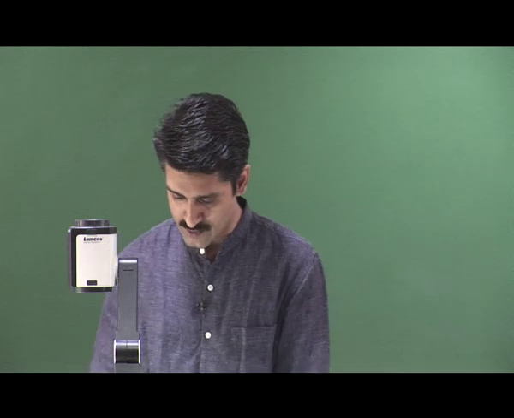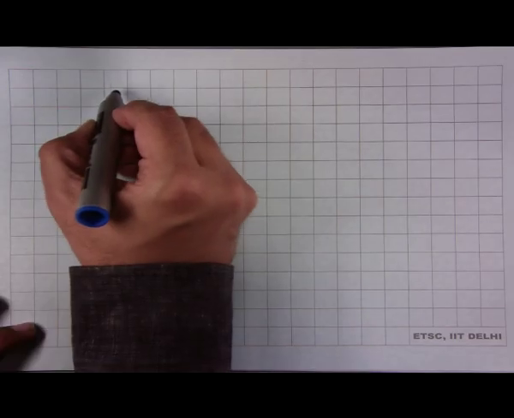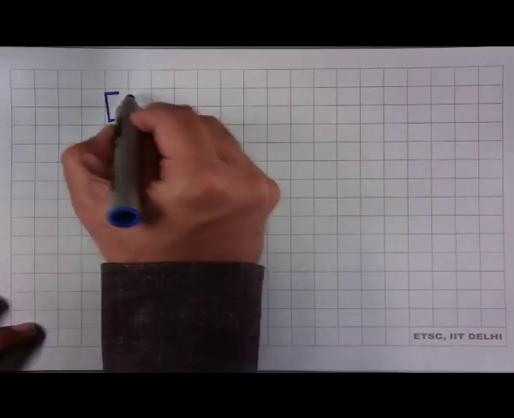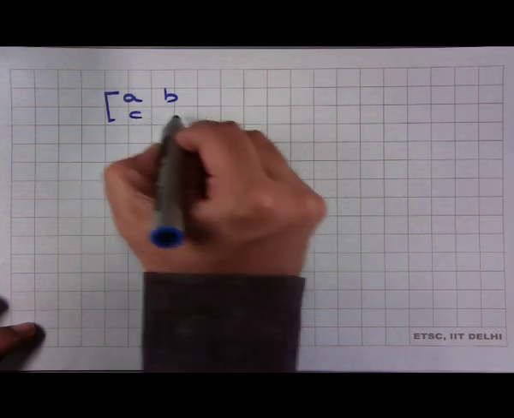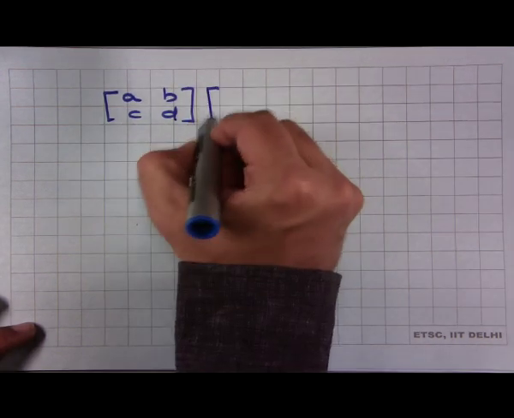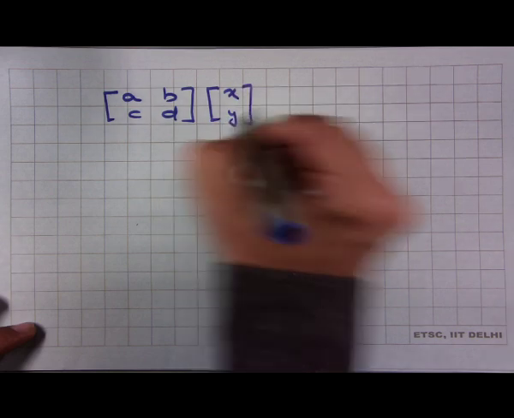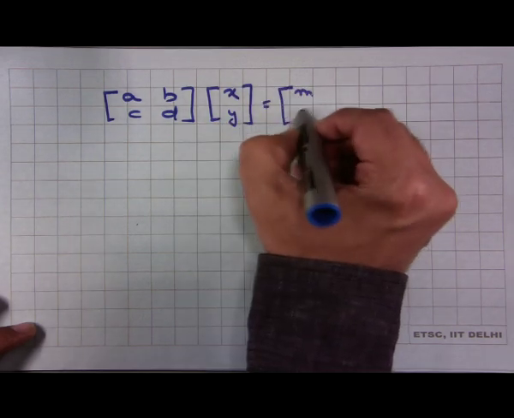Just to carry on with the previous example, we have something like the matrix a, b, c, d times x, y equal to m and n.